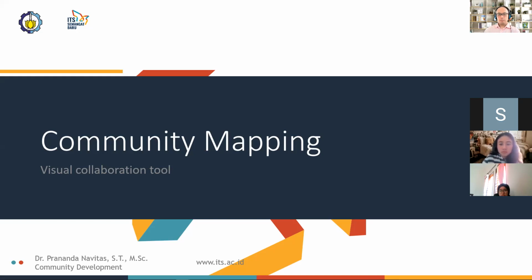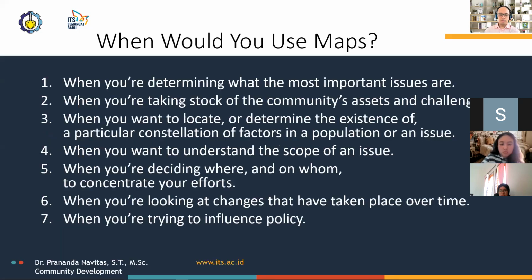Now, when should you use maps? Well, there are seven situations where you would consider taking the community collaborative mapping approach.